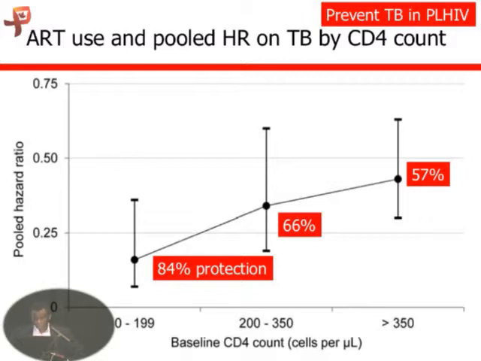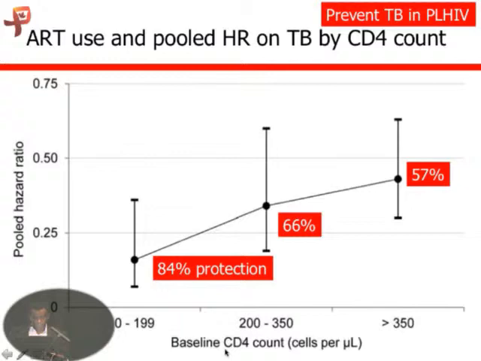And as you can see, in the three categories of CD4 count, less than 200, between 200 and 350, and more than 350, we saw that providing ART earlier has a higher protection against TB.